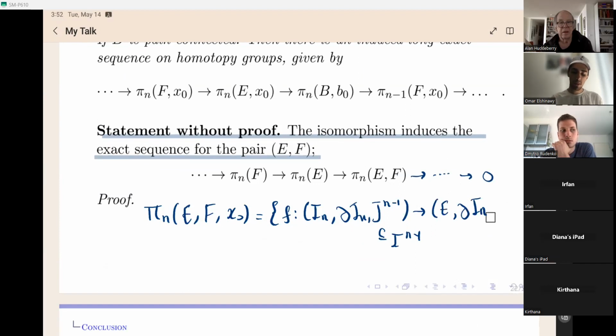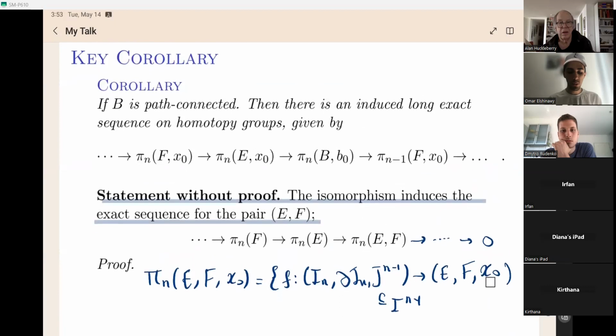So we don't want anything from here being mapped to something outside of F. Sorry, that was a mistake. And then the face is sent to x naught. And one way to think about this, because I know it's very technical at this point, is to think of the face along which you glue the two n-cubes. That's a good analogy to think of.